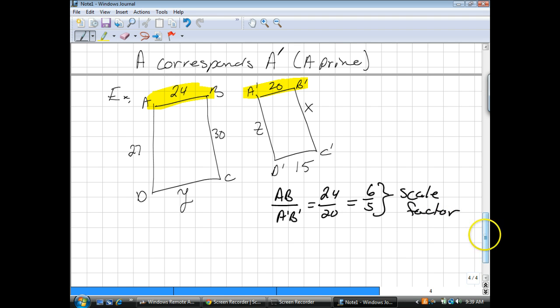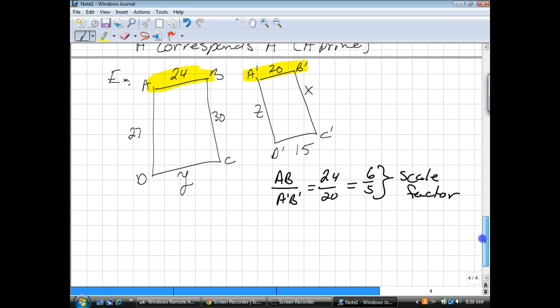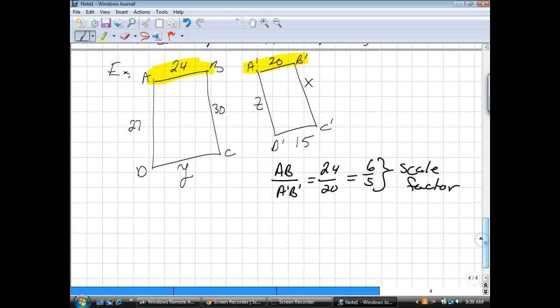because remember that all the sides are in the same proportion. So all the sides have to have a ratio of 6 to 5. So we use that fact to find the lengths of the sides. So let's say I want to find the length of x. Okay, now remember that order matters. So basically we're doing, this is the large to the small.